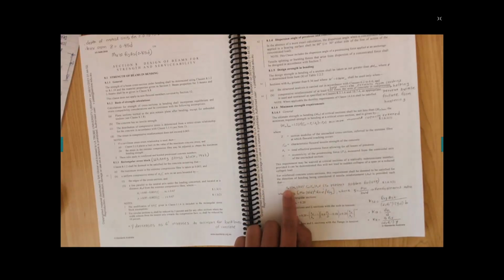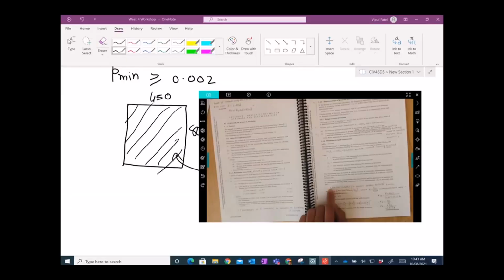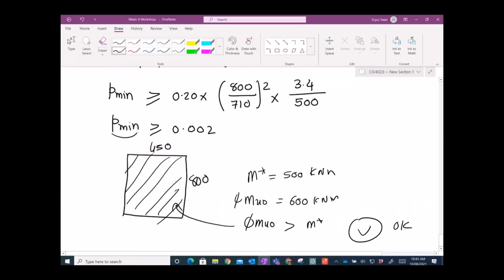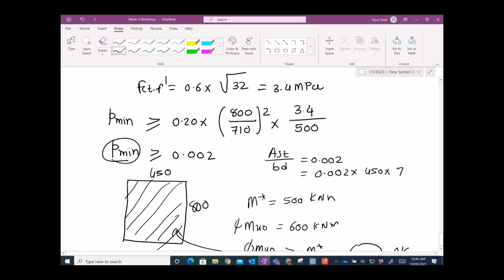So let me tell you something: you put in minimum Rho. If I want to calculate this minimum Rho, Ast over bd, let's say equal to 0.002. So 0.002, b is 450, times how much was that? 710, I believe.